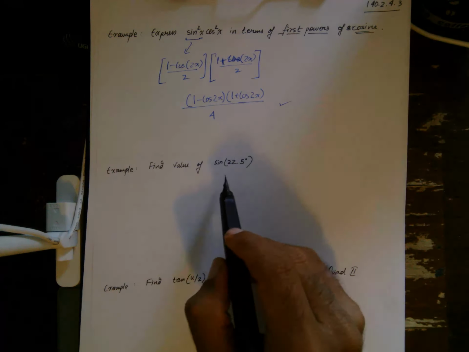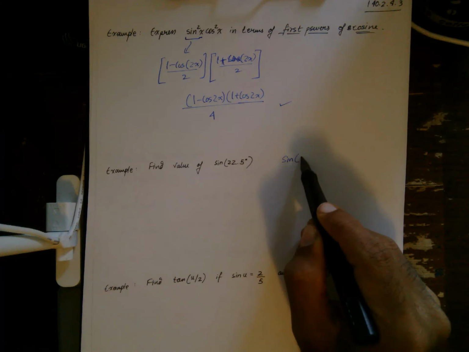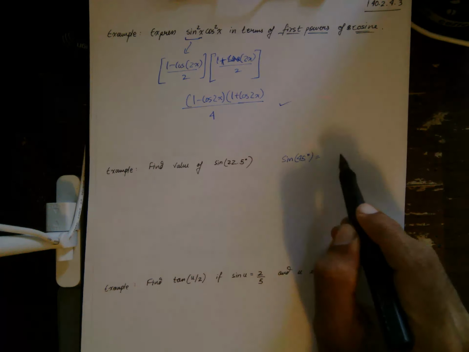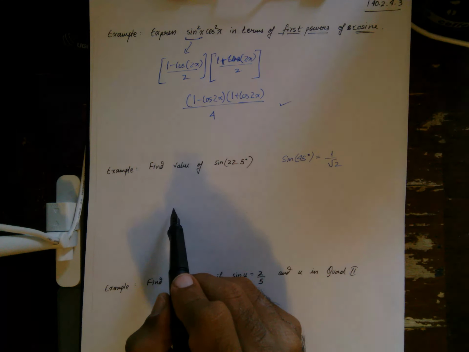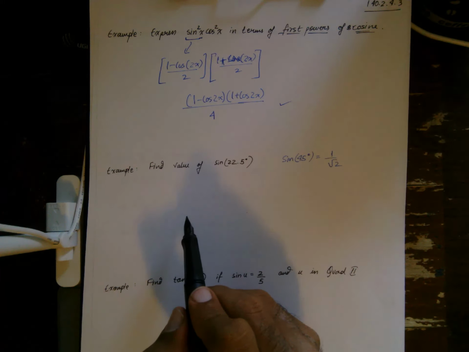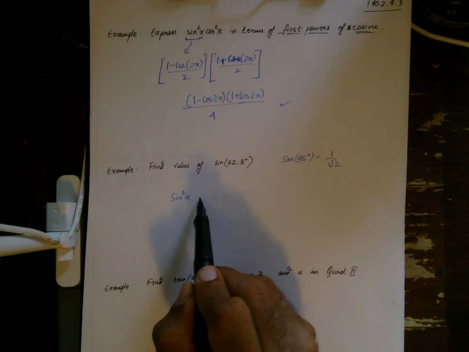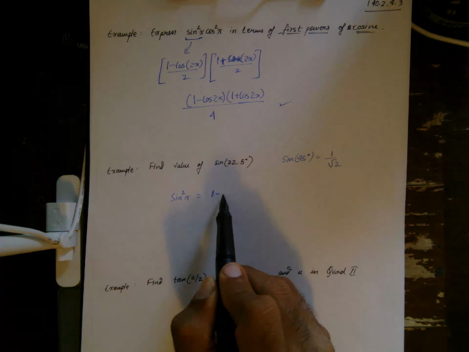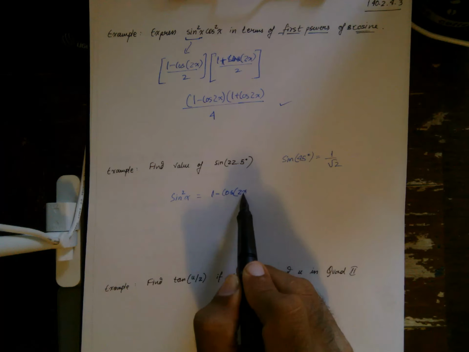Find the value of sine 22.5 degrees. Let's say I know sine of 45 degrees is 1 over root 2. One way to do this is to again use this relation: sine squared x is (1 minus cosine 2x) over 2.